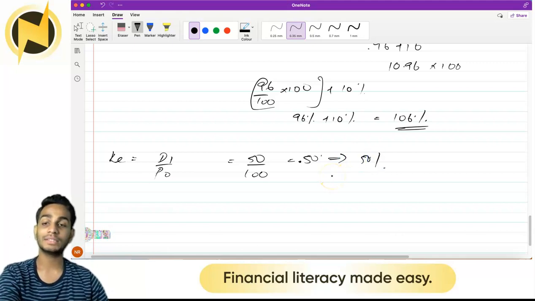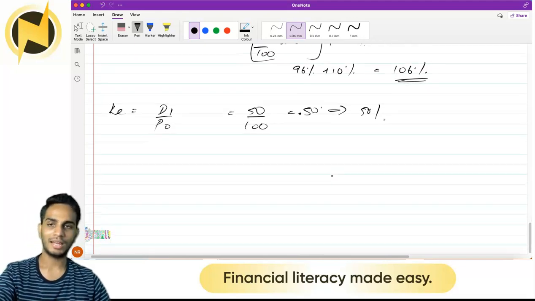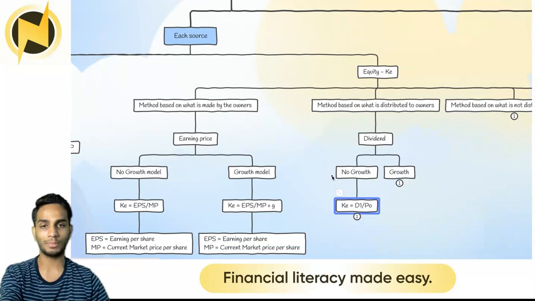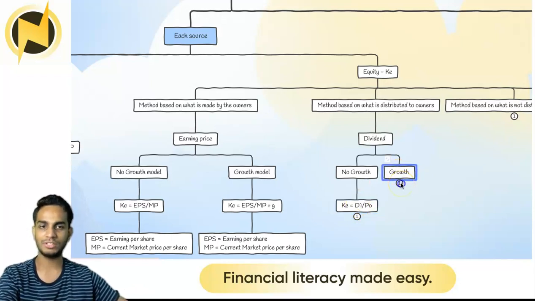Say, imagine in this case there is growth. The company is expecting a growth of 10%. Then also one more thing: in no growth model, always remember the dividend does not change. Dividend is always the same. In growth model, dividend changes.